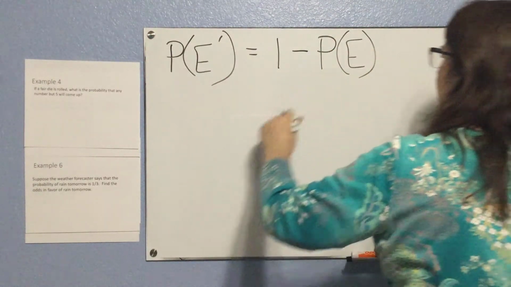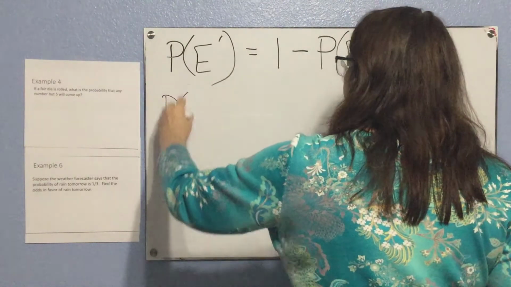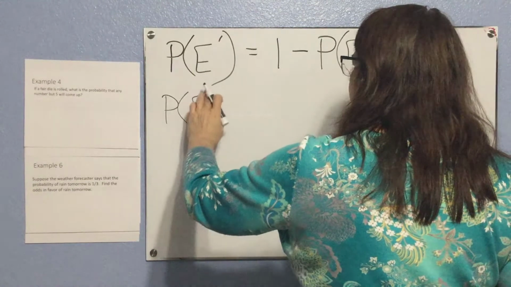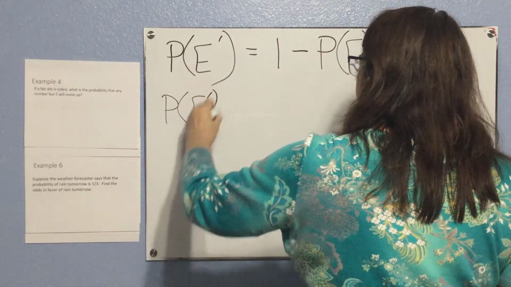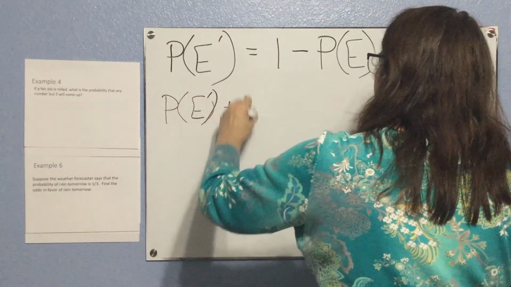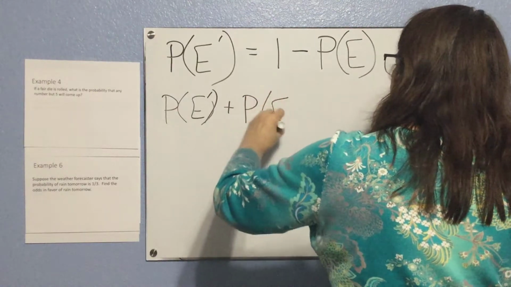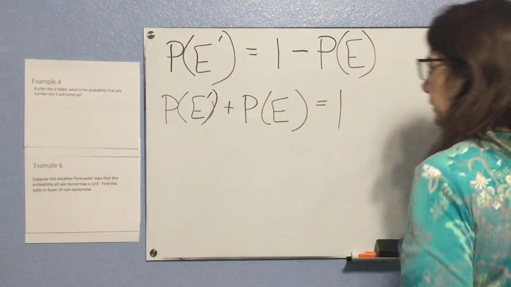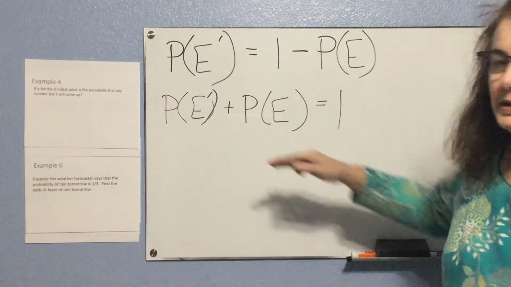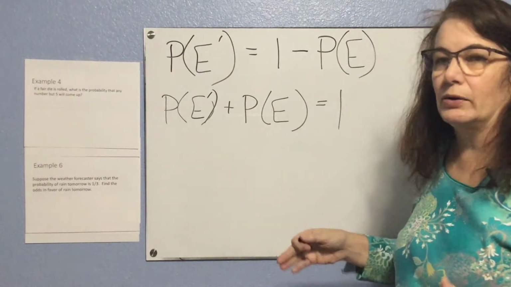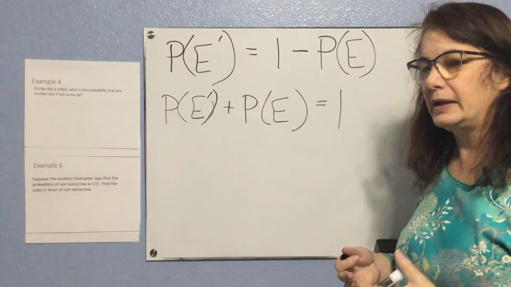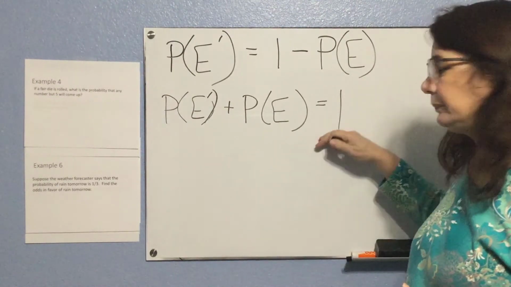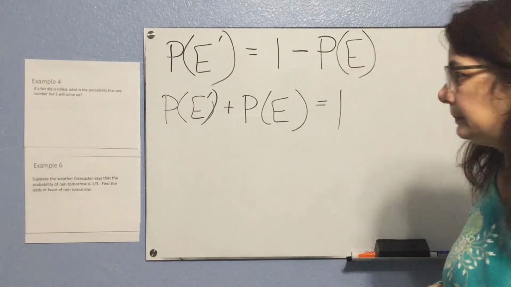So we could rewrite this and say that the probability of the complement, plus the probability of the event is equal to 1. That means either the event is going to happen or it's not going to happen. When you add those together, certainly something's going to happen, so it's 1.